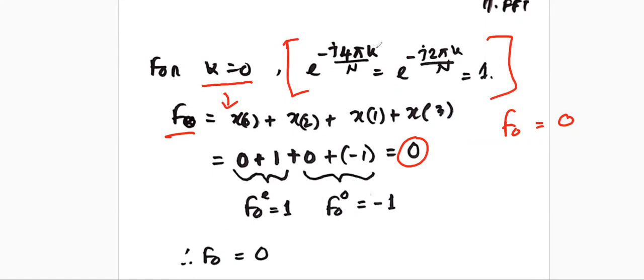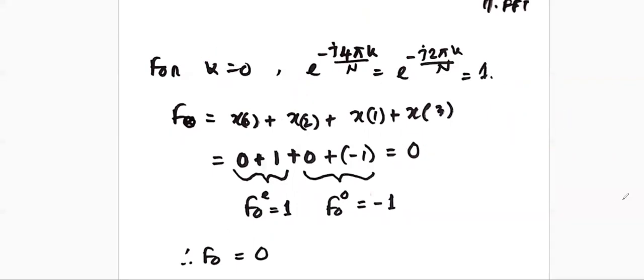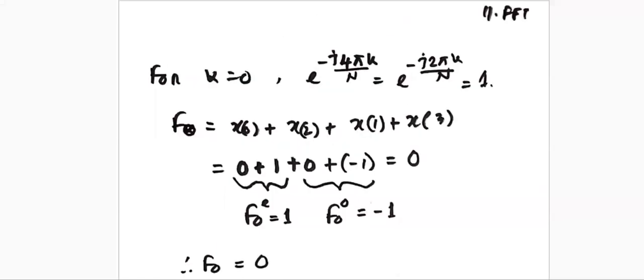For any value of k, these are equivalent. This can be written as 2 into twice pi. Of course, after twice pi and twice pi, that will repeat. So that's why they are the same. And this is equal to 1 in case of k equal to 0, as we have already mentioned. However, these two terms are equal, even though they are not equal to 1.